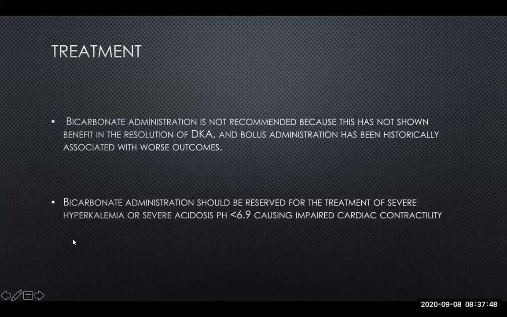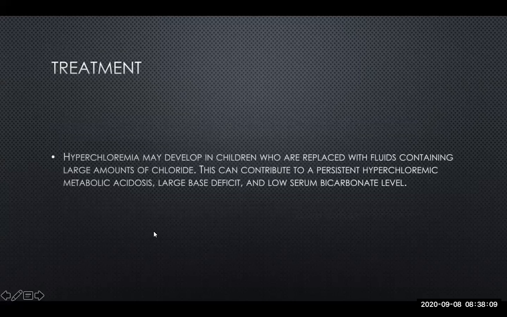First, if we want to treat severe hyperkalemia, or the patient has severe acidosis with a pH less than 6.9 that is impairing cardiac contractility, we are going to give bicarbonate. The second scenario is hyperchloremia.